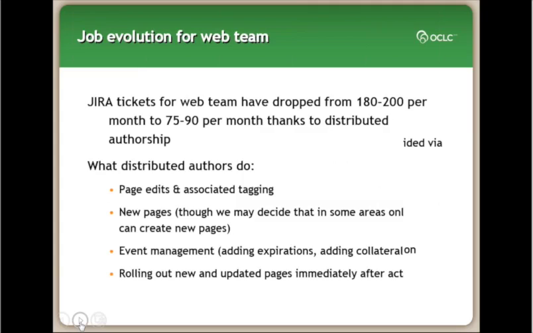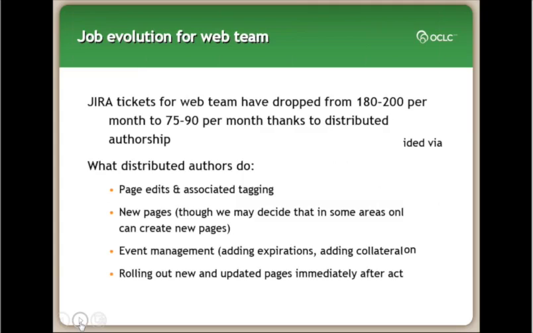We probably have about 100 people at OCLC who are profiled to work in CQ. What distributed authors do is the day-to-day updates and content, page edits, tagging, that kind of thing.